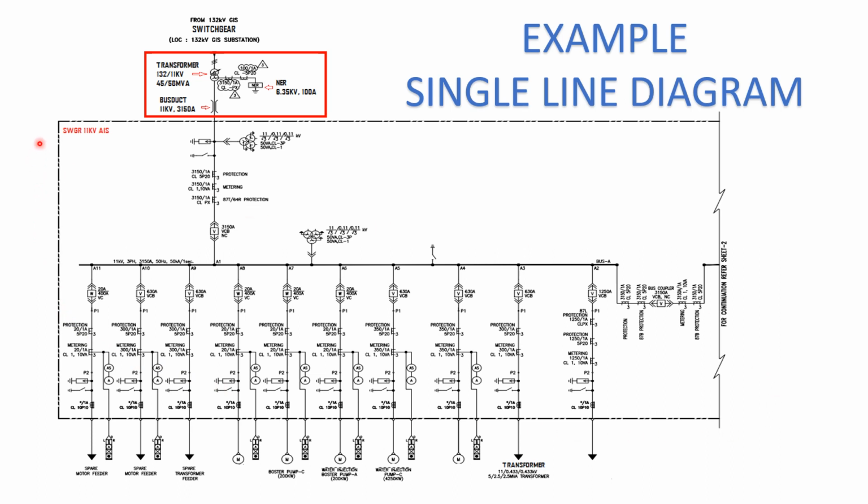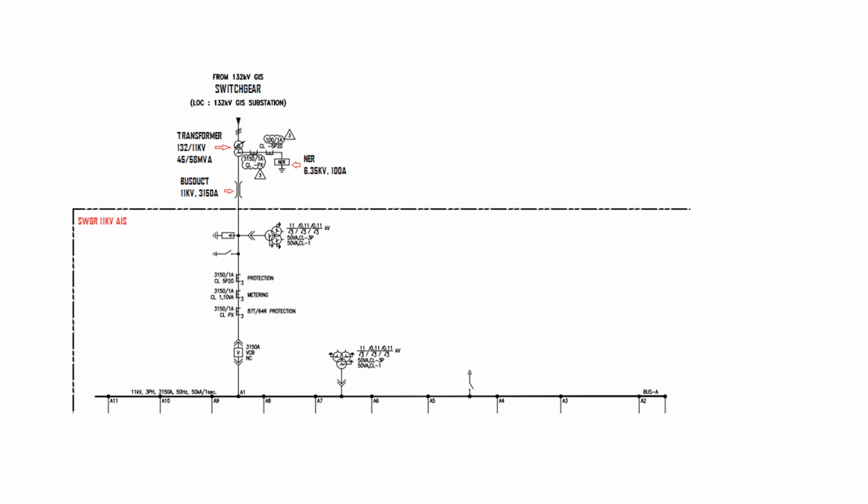That is our downstream, meaning from the transformer, bus duct, and connected to our switchgear. Our transformer goes from 132 kV to 11 kV, meaning a step down transformer. From high to low. You can see the difference of the numbers, 132 and 11 kV.